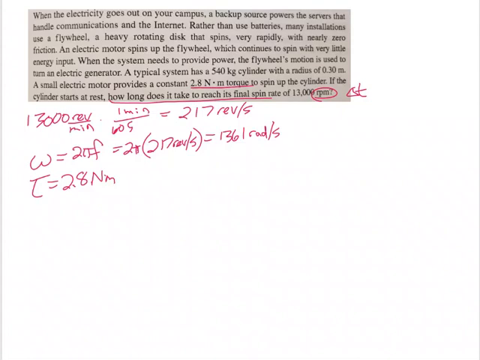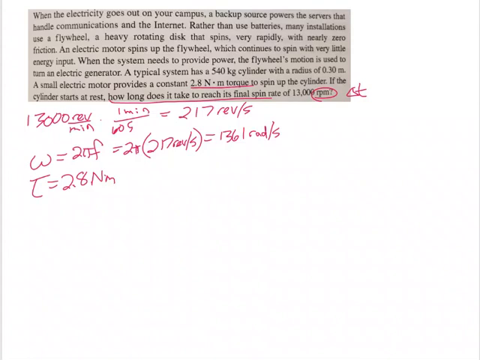But we're not given theta. We don't know how many times this thing goes around, which is a problem. So maybe not that one. Maybe something else. We don't have an alpha, but maybe we can calculate it.